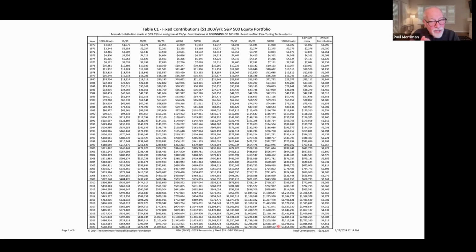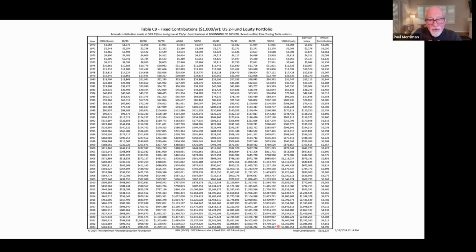But if they had, with this money, this is what it would have been. And if we look at the two-fund strategy, it ends with 7.1 million. So not a double over the S&P 500 by itself, but pretty close to it.